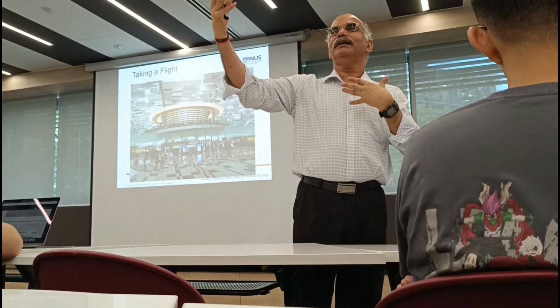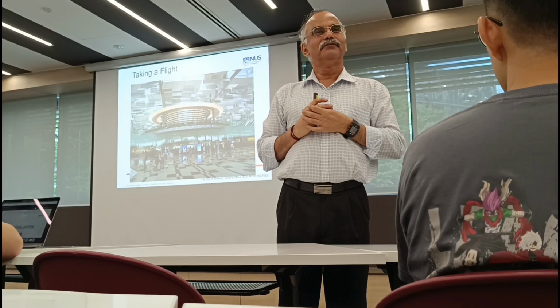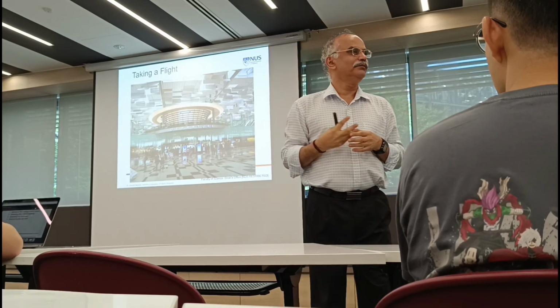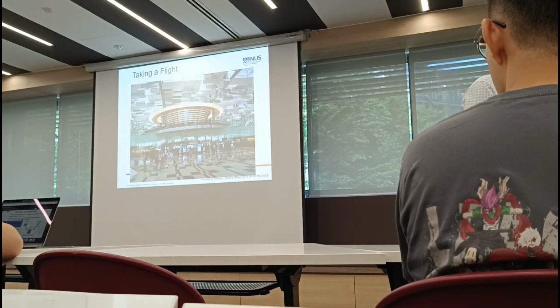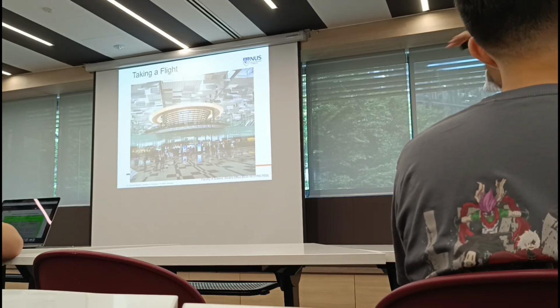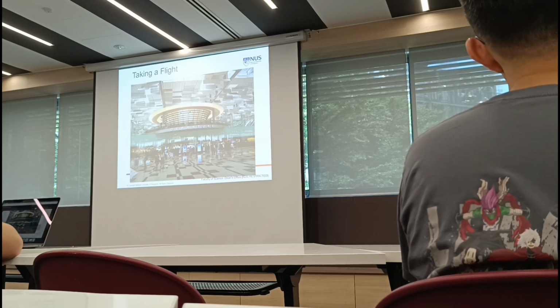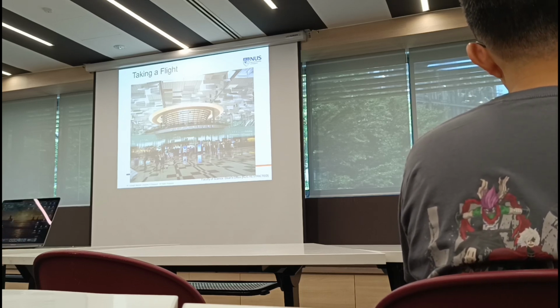Why do they fly so high? Do you know? Why do the flights actually go very high up? They can still fly at low level, right? They're safe to fly at a low level, but usually they fly very high up. Why? Good.